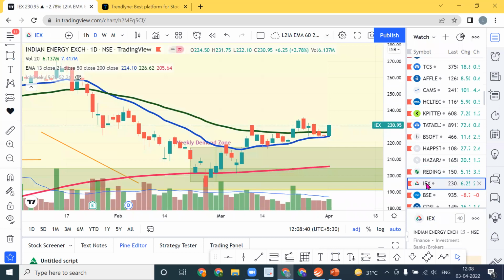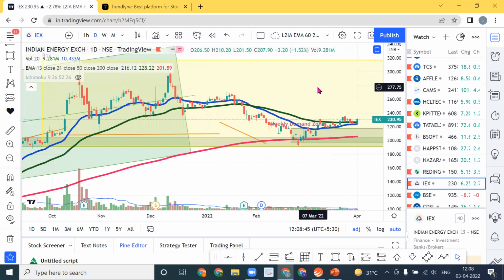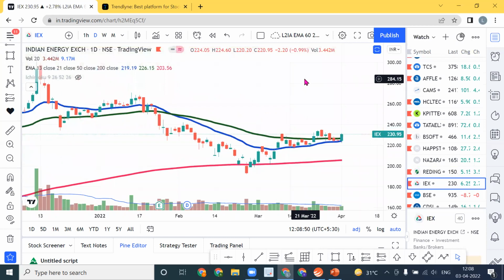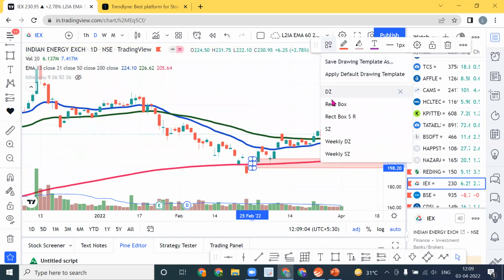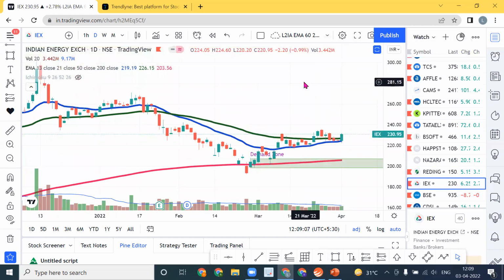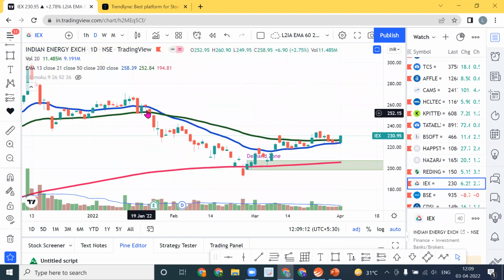IEX. Here is my demand zone. Here is my supply zone.